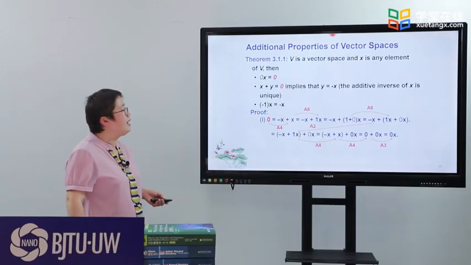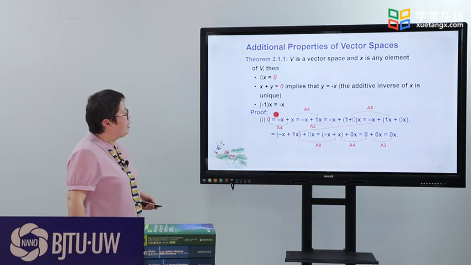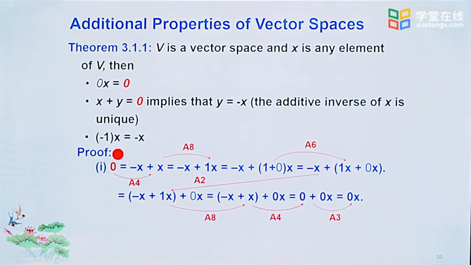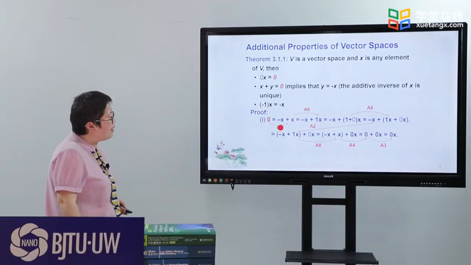Let's prove these properties. Okay, so first we check the first one, the zero vector. The zero vector can be written as minus x plus x. This is from axiom 4.